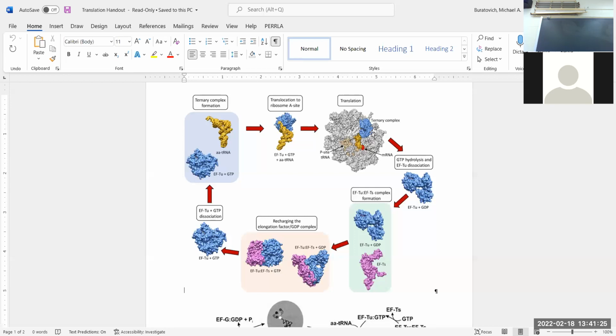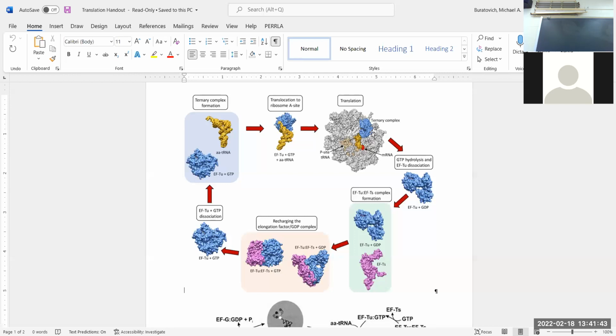GTP levels are relatively high in the cytosol. They're relatively low in the nucleus. So there's plenty of GTP in the cytosol for this protein to take it up once it's dropped the GDP.